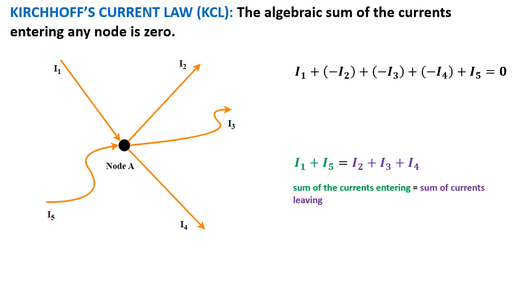So again, for electrical engineering people, computer engineering people, and everyone who is working with electric circuits, in a given node, the sum of currents entering equals the sum of currents leaving.